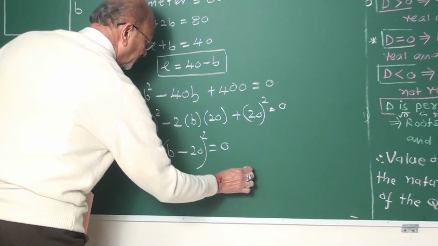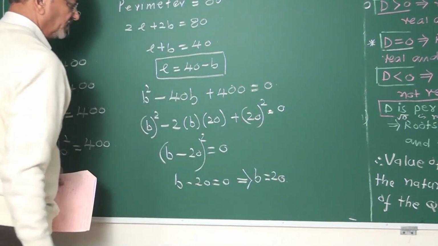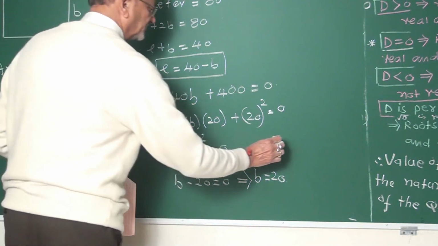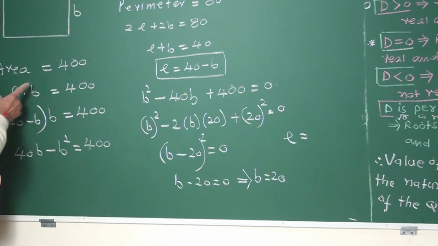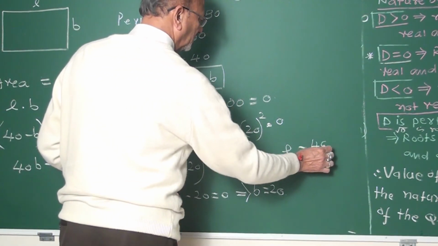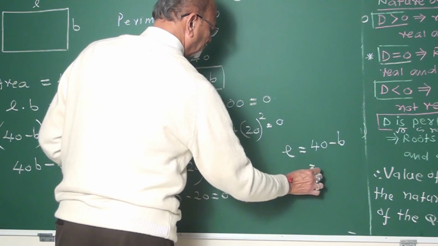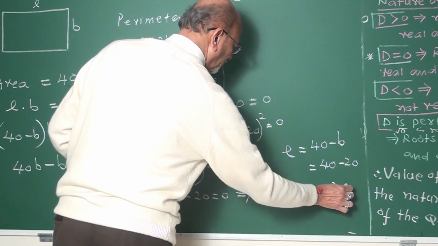Therefore, what is the breadth, my friend? Breadth is 20. And what is L, the length? L is 40 minus B, which is 40 minus 20, means it is 20.